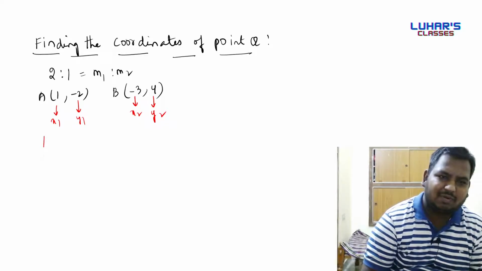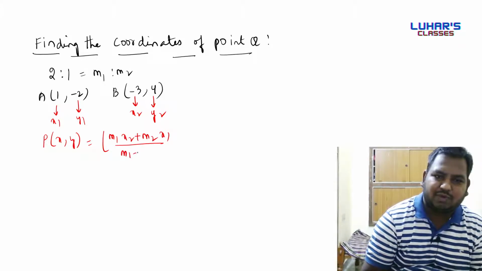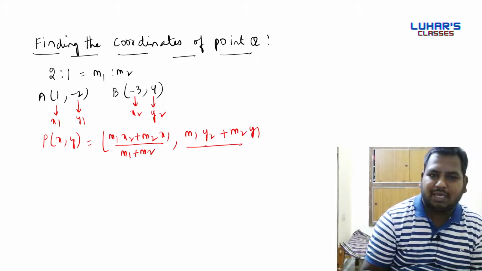What is the section formula? P(x, y) is equal to (m1 x2 + m2 x1) / (m1 + m2), comma, (m1 y2 + m2 y1) / (m1 + m2).